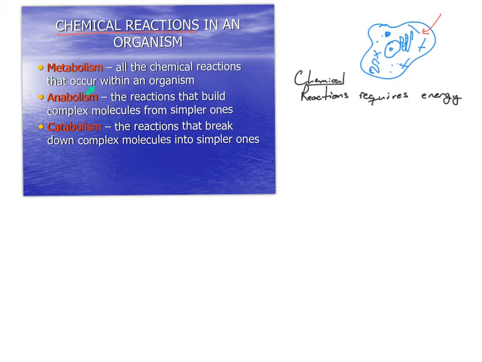All the chemical reactions that occur within that organism, we call metabolism. So that's the sum of all the reactions. So let's just say all the building and all the taking apart.